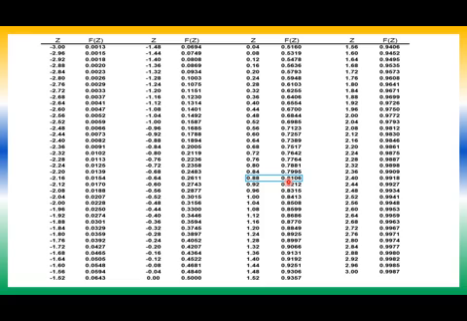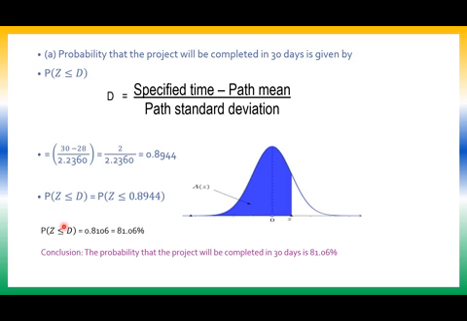So for 0.88, the approximate probability is 0.8106. So P of Z less than equal to D is 0.8106. So I am considering 81.06% as a probability. So the probability that the project will be completed in 30 days is 81.06.